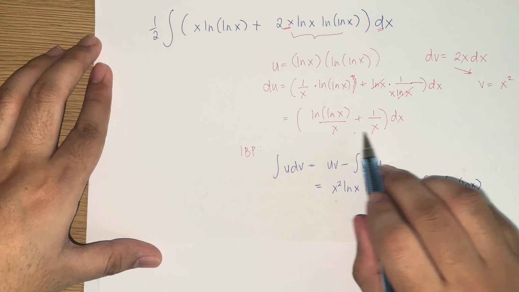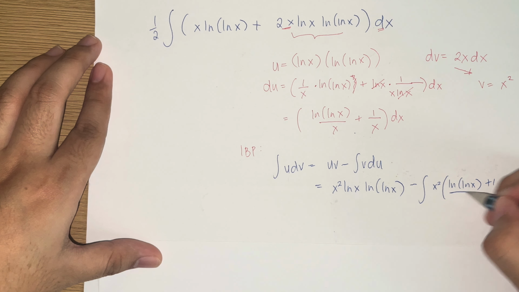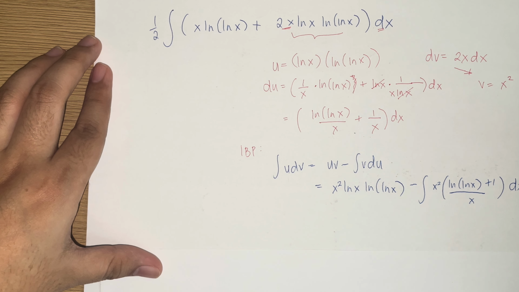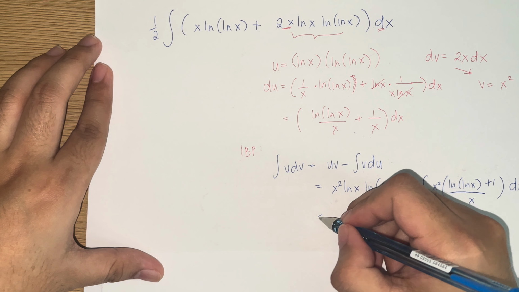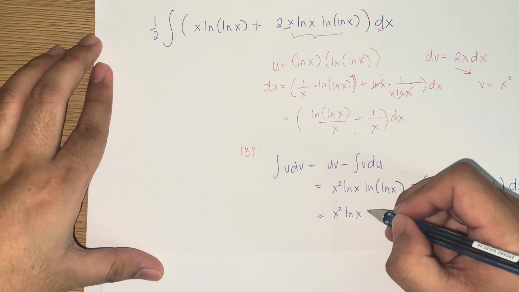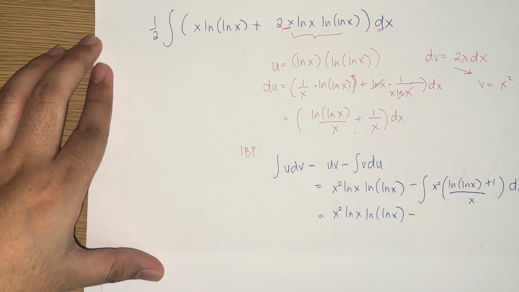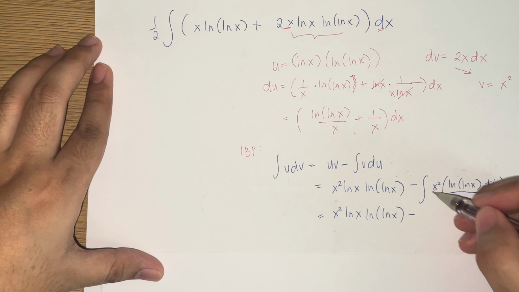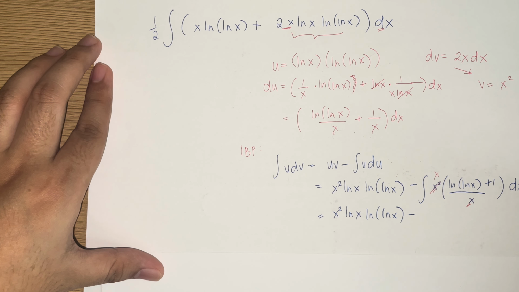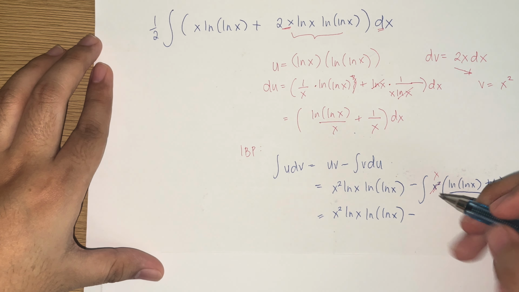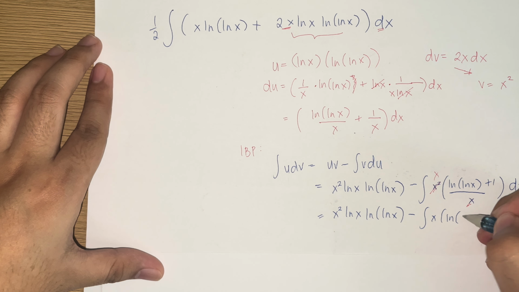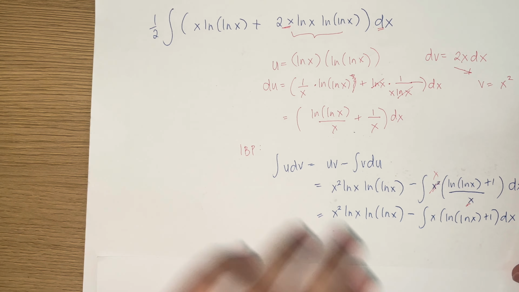Actually, they have a common denominator of x, so we can factor that out, dx. So we can simplify this as x squared ln x ln of ln x minus, we have here x squared and here x, so this becomes just x. So this becomes x times ln of ln x plus 1 dx.